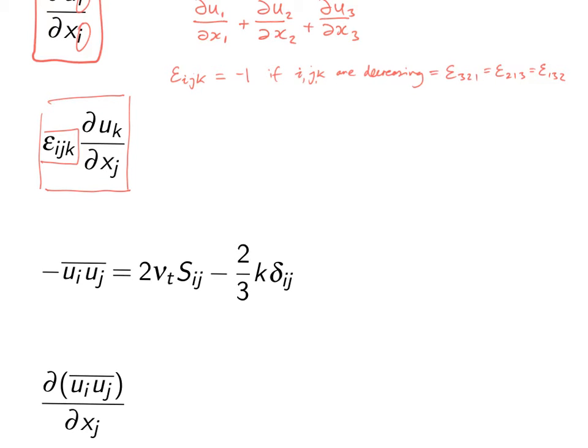So if i, j, k are decreasing, so that you have epsilon 3, 2, 1, so i is equal to 3, j is equal to 2, k is equal to 1, or 2, 1, 3, or 1, 3, 2, and you can wrap around, you see, as long as it's continuously decreasing, then you take -1.